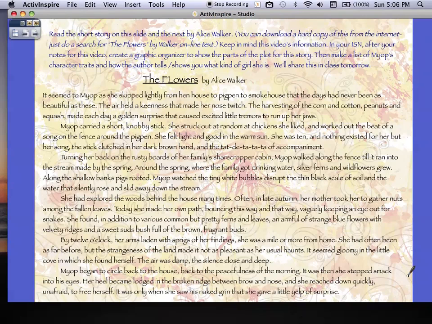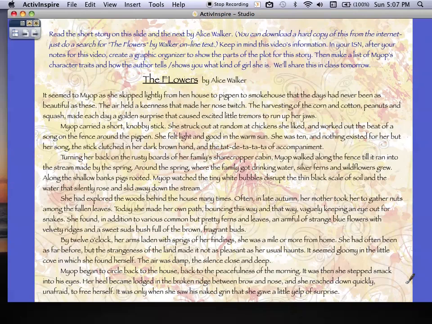By 12 o'clock, her arms laden with the sprigs of her findings, she was a mile or more from home. She'd often been as far before, but the strangeness of the land made it not as pleasant as her usual haunts. It seemed gloomy in the little cove in which she found herself. The air was damp, the silence close and deep.